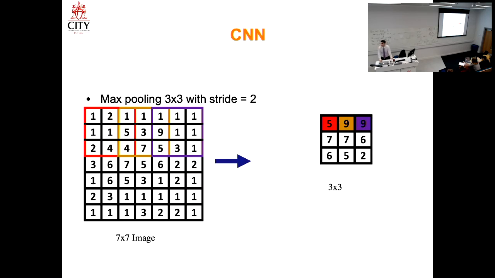Does the filter always have to be square? In most cases, they use an odd number. It's 1 by 1, 3 by 3, 5 by 5, 7 by 7, 11 by 11. But I have seen cases where they are even numbers as well. But most of the time, they are odd numbers. Most of the time, if you want to look at the fine details, start with 3 by 3.